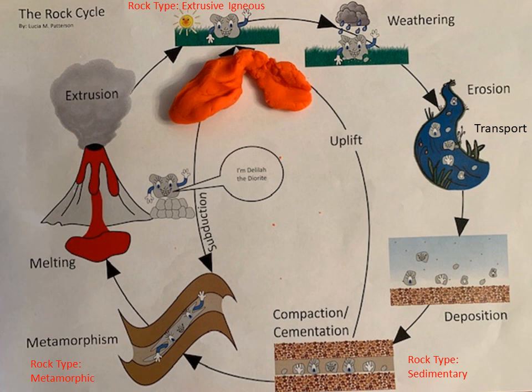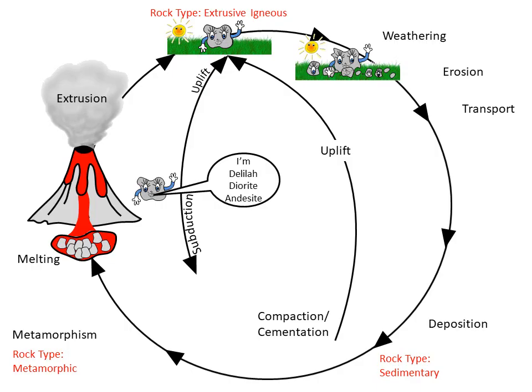Now that our extrusive igneous rock is on the surface, what are some things that'll happen to it? That's right. Wind and water will erode our rock, breaking it down into smaller pieces. What do you suppose you're going to do with your extrusive igneous clay rock right now? That's right.